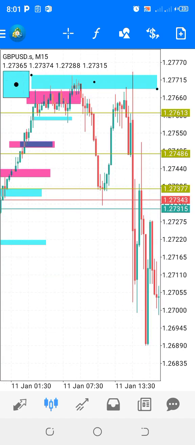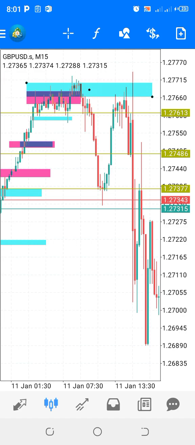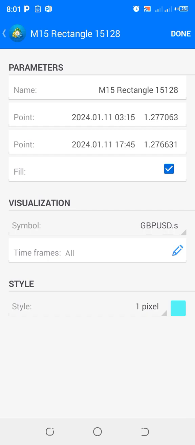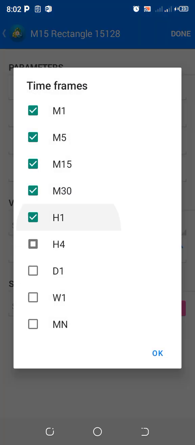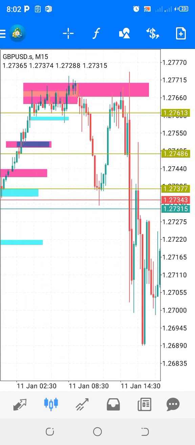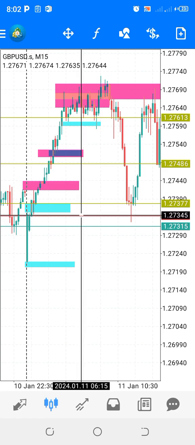So, impulse start, and measuring the high of that candle, I'll use a crimson or red slab, highlighting only the time frame of observation. So right now I have measured that.